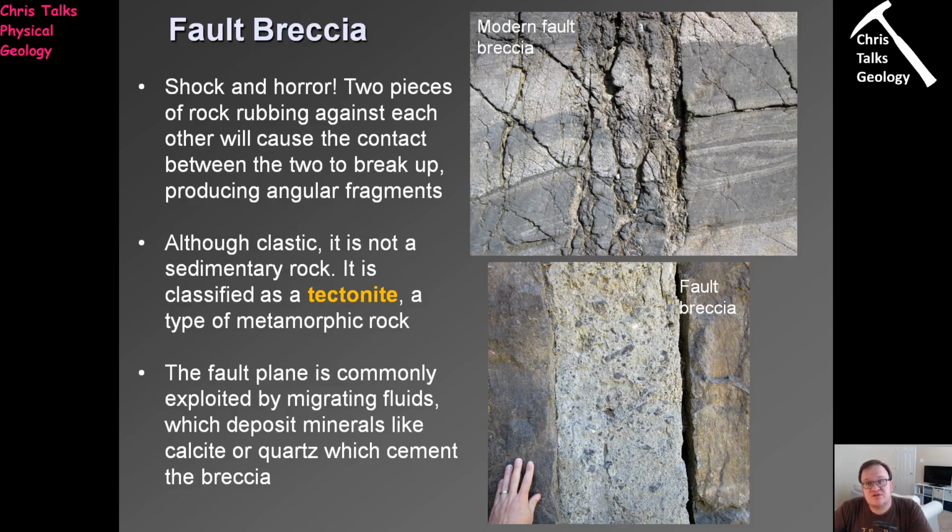Those minerals that the fluid deposits will eventually cement the fault breccia together, producing a solid rock. So fault breccia is a type of rock called a tectonite, which is a subgroup of metamorphic rocks. As you can see, fault breccias are surprisingly straightforward things. They're not too complicated really. So, that's pretty much it.